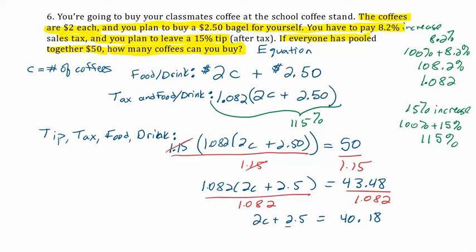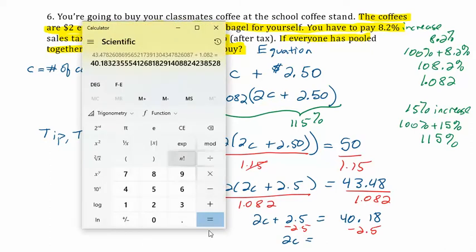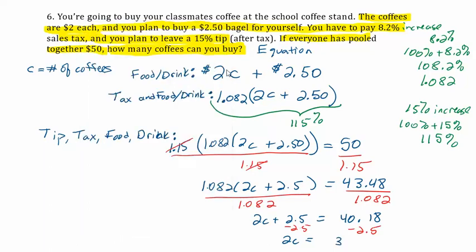Then we would subtract 2.5 and get 2c equals, let's see, minus 2.5, 37.68. And then divide by 2.